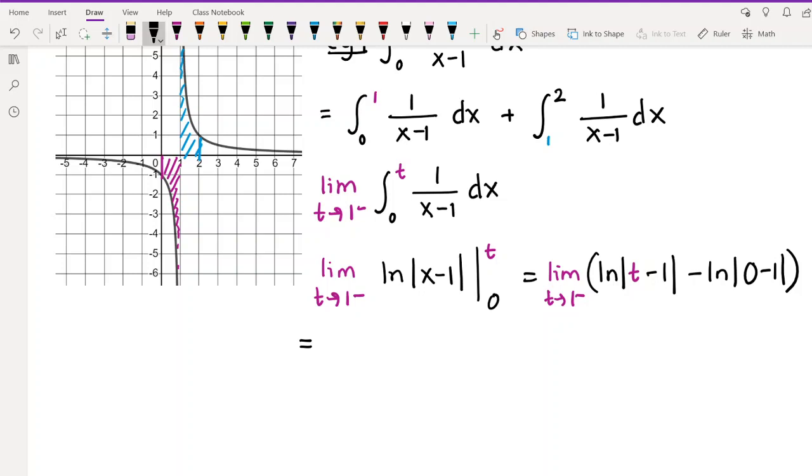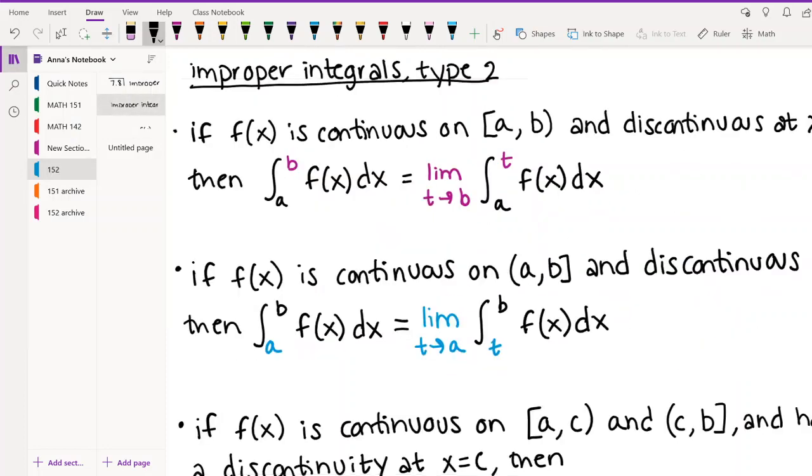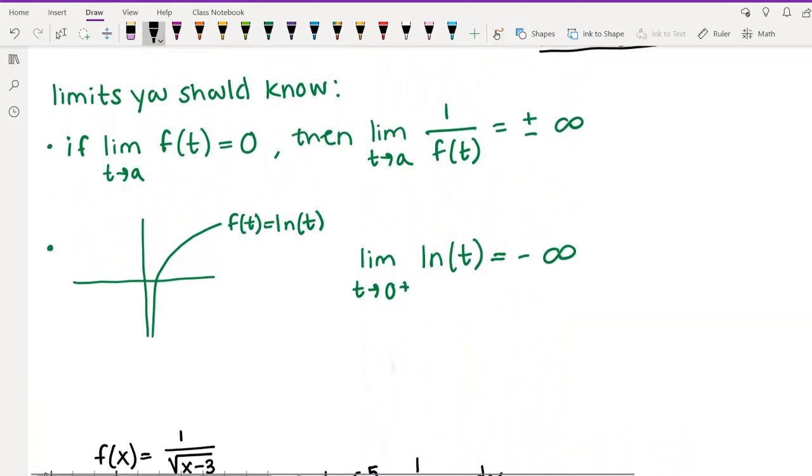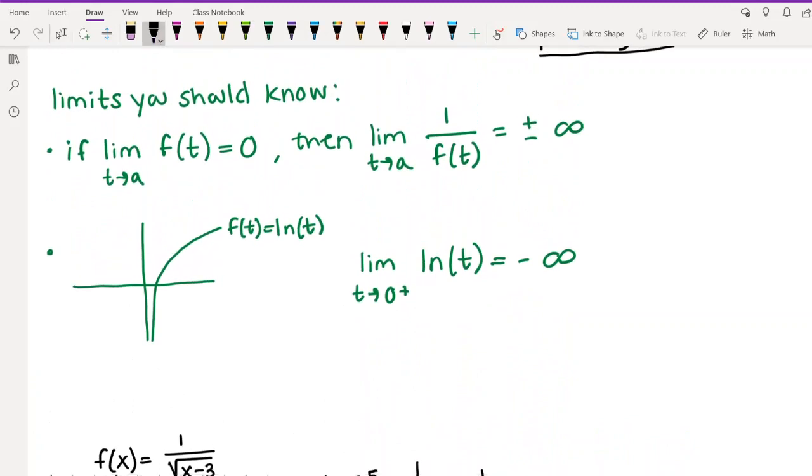So what happens when you plug in numbers that are really, really close to 1 for t? Well, you're going to get ln of basically 0, right? You're going to get ln of numbers that are really close to 0. And so we already talked about earlier that if you look at the limit as t approaches 0 of ln of t, that's -infinity. And that's basically the exact situation we're in, even though our function doesn't look exactly like this.